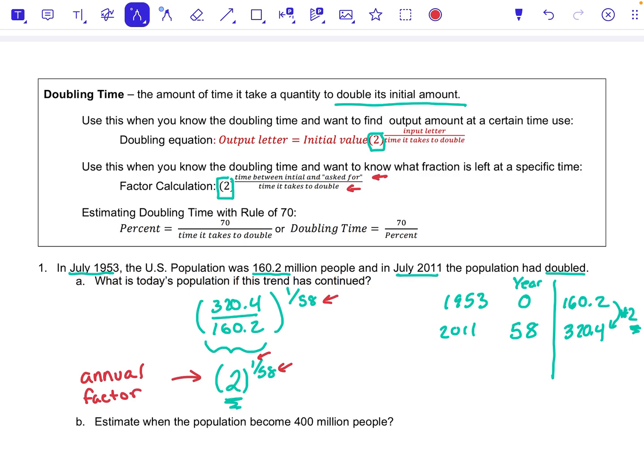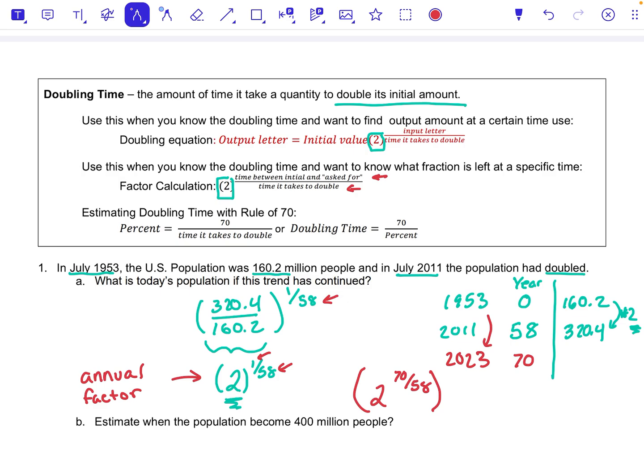Now in this case, I don't actually want the annual factor. I want the population if this trend continued to 2023. So I'm looking 70 years later. So I'm going to set this up, but instead of 1/58, I'm going to set it up 70/58 because I want 70 years' worth. And that becomes my growth factor.